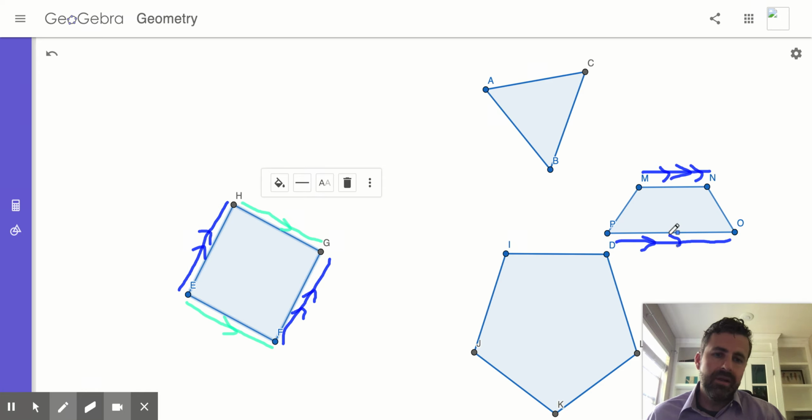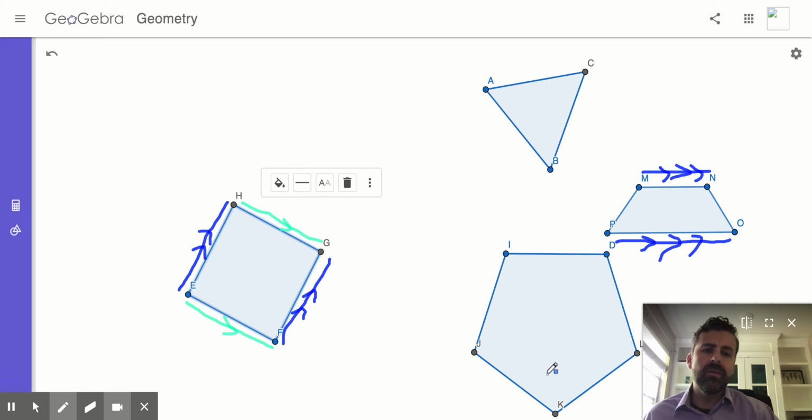The other two sides are not parallel to each other. Okay? The triangle and the pentagon don't have any parallel sides. They're all going to intersect in some way. Even if we extended them out to infinity, even this line here would intersect with JK. Just kidding. No, it actually would. They would intersect as well, we just can't see that on this screen.